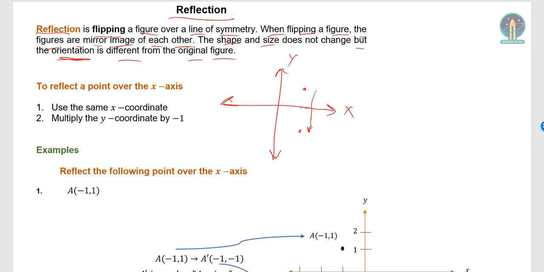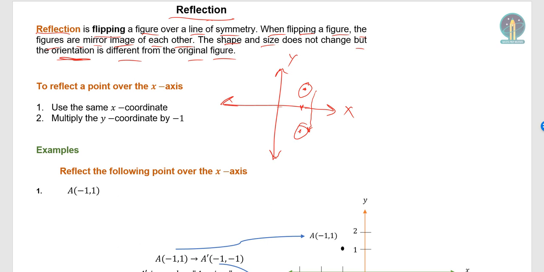The x-coordinate, as you can see, would be the same. So the x-coordinate of this point is the same as the x-coordinate of this point. However, the y-coordinate is essentially multiplied by -1. It's negated, okay? You take the negative of the y-coordinate.